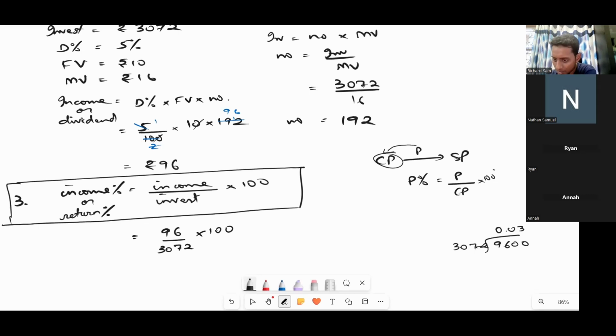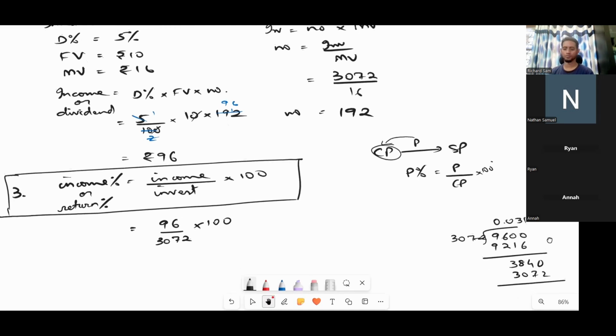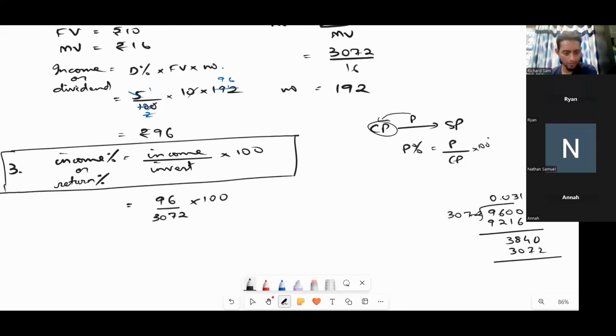Let's see in decimal. It will be 0.03125. Yeah, it stopped at 3125. So 0.03125 into 100. That is how much? 3.125%. Is that clear? That is his income percent.